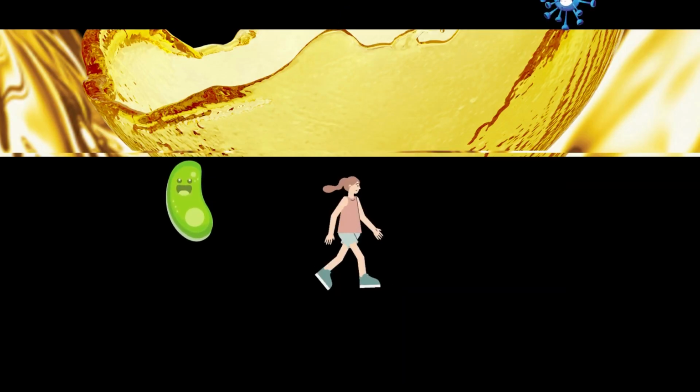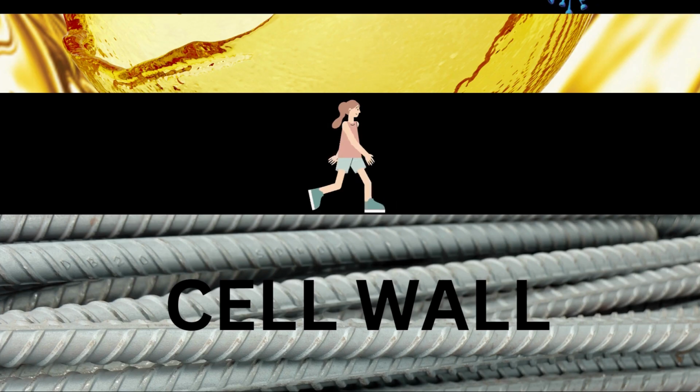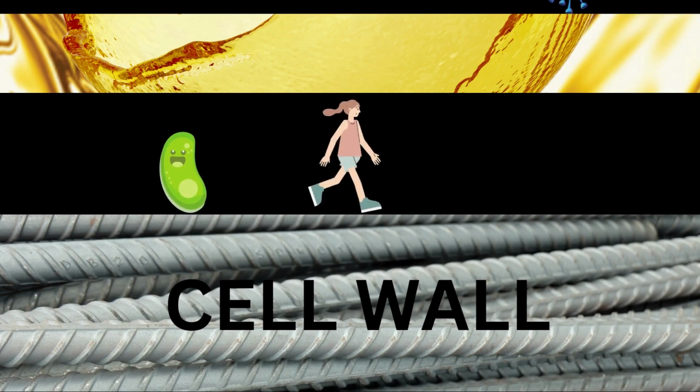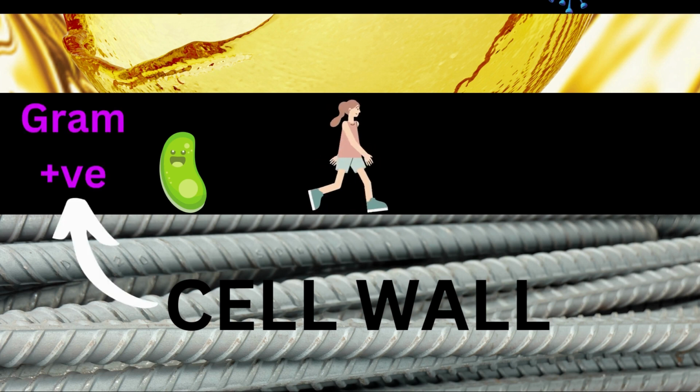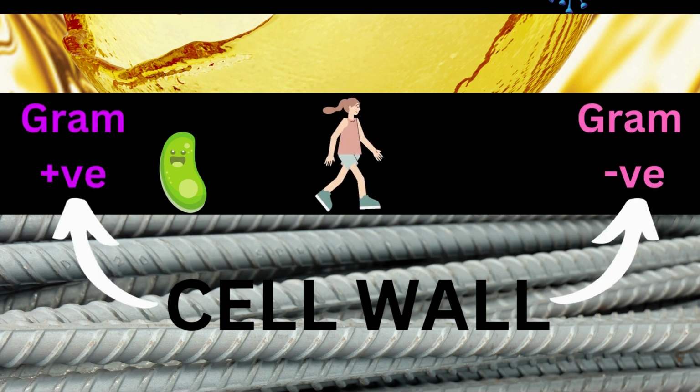The blue bacteria is unable to enter the capsule, while the green microbe has successfully crossed the capsule of the bacteria along with us. Next, we have to face the rigid cell wall, which is protective in function. It also helps maintain the shape of the bacteria, and based on the thickness of the peptidoglycan in this layer, we can determine whether these bacteria are gram-positive or gram-negative bacteria.